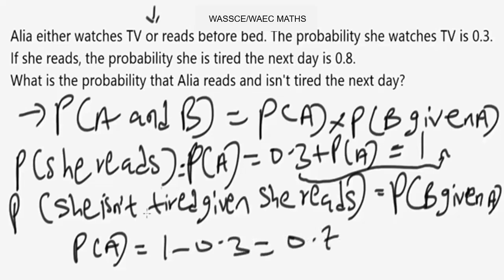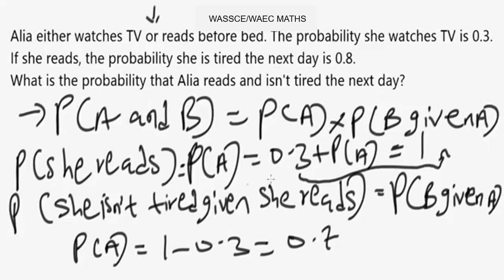Now for the probability that she isn't tired given she reads, the same thing applies. The probability that she is tired the next day is 0.8 if she reads.